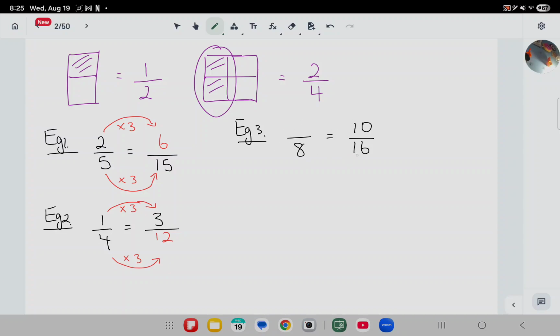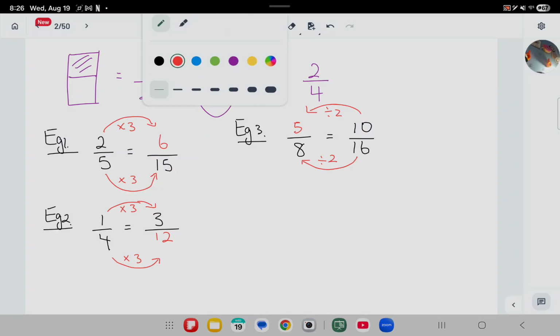So we know now that we move from 16 to 8. And to move from 16 to 8, we divide by 2. 16 divided by 2 will give us 8. And whatever we did in the denominator, we also do in the numerator. So we say 10 divided by 2, which is equal to 5. So we know 5/8 is equivalent to 10/16.